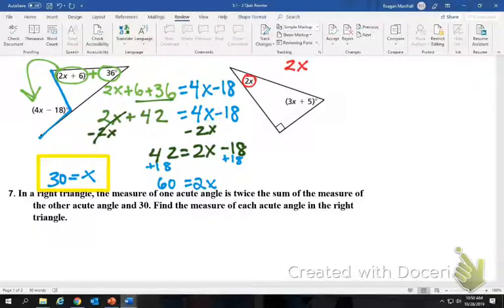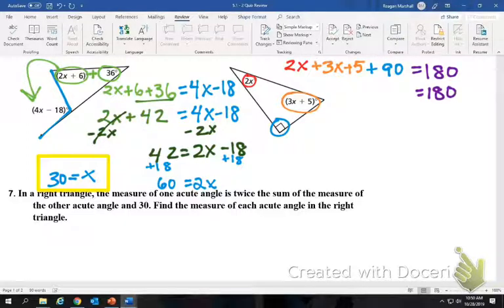So we're going to take 2x plus 3x plus 5 plus 90, and they equal 180. So we got 2x plus 3x, which makes 5x.